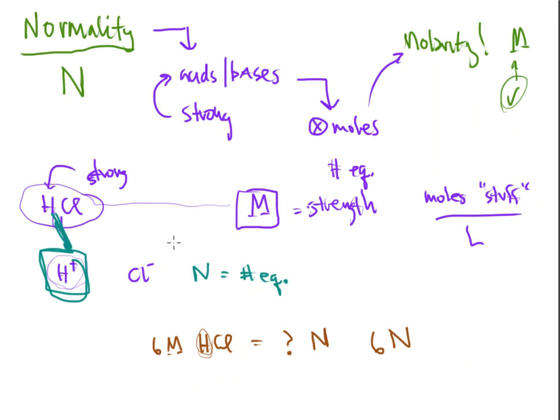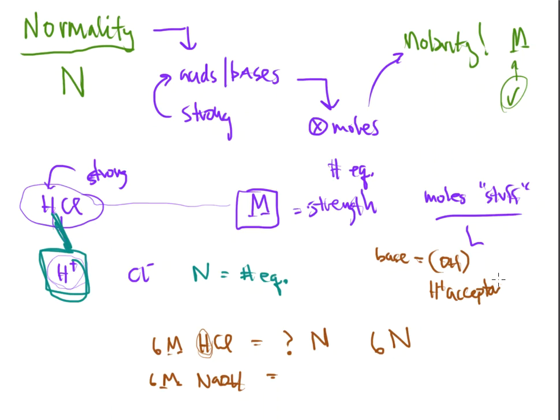Well, the same thing would happen to a base. So, for instance, if I had NaOH and I had a 6 molar solution of NaOH, well, a base is in regards to OH, right? Not every single time, and I guess that we need to describe this as a proton acceptor. How many protons could it accept?